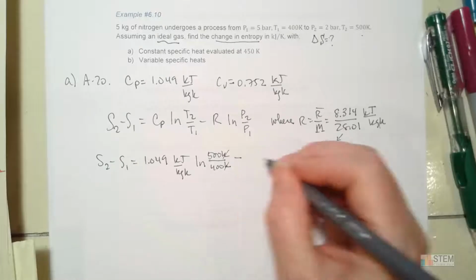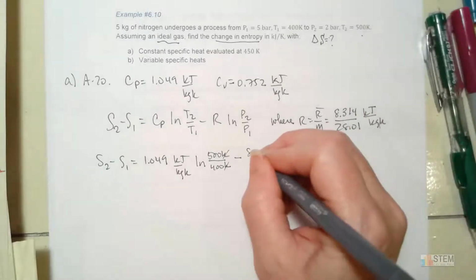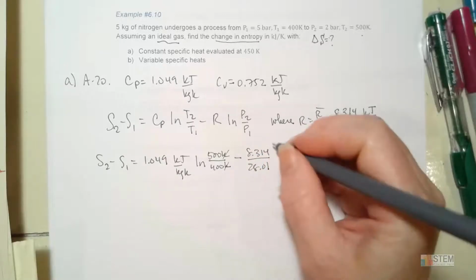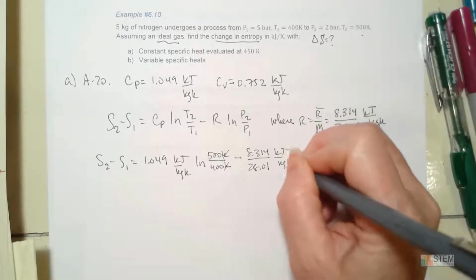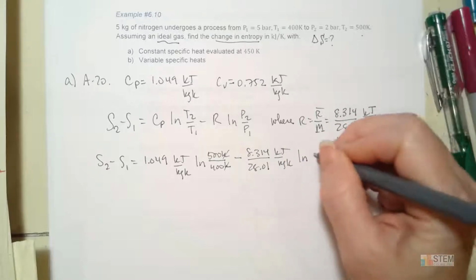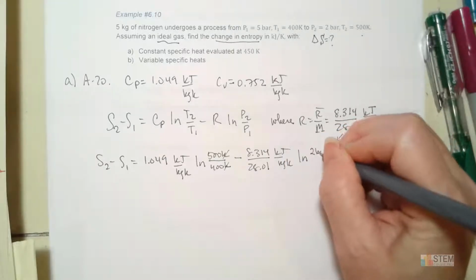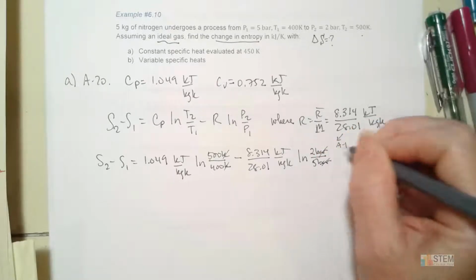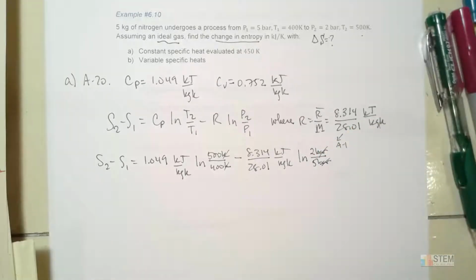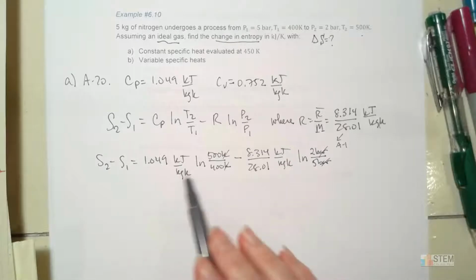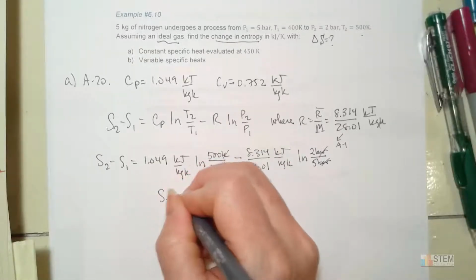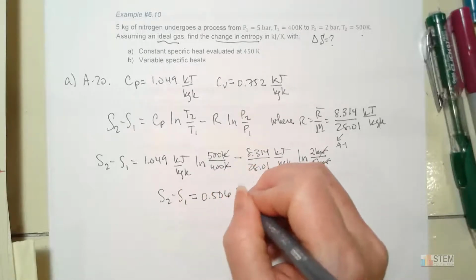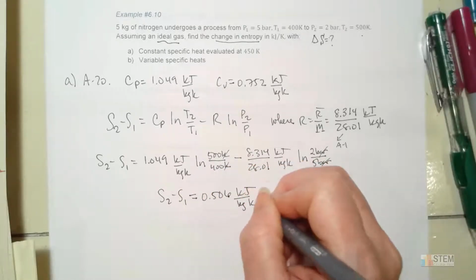Then we're going to have minus R, so let's write this down for R, times natural log of P2, which is 2 bar, over P1, which is 5 bar. The bars cancel there. If you put this in your calculator, you're going to get S2 minus S1 equal to 0.506 kilojoule per kilogram Kelvin.